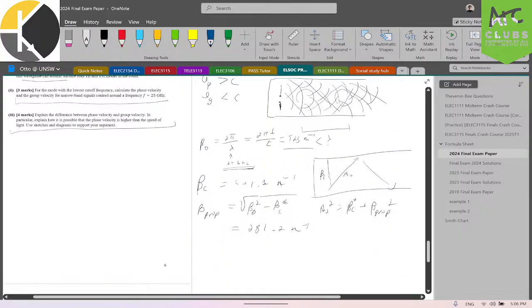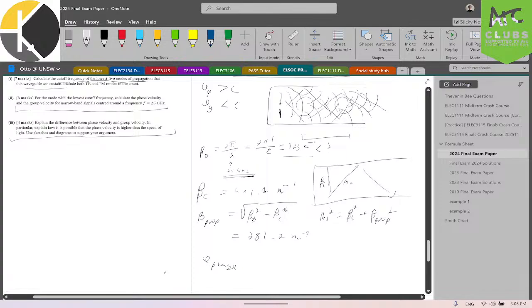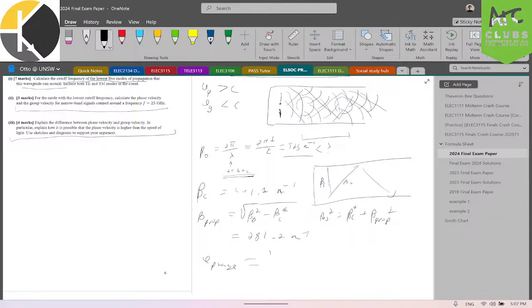Our phase velocity, the speed of propagation of this wave judging by the peaks and troughs, is just 2 pi f over beta propagation, by the same formula. And we find that it's actually equal to 1.86 c, because beta prop is smaller than beta naught. So we get a larger speed of light.